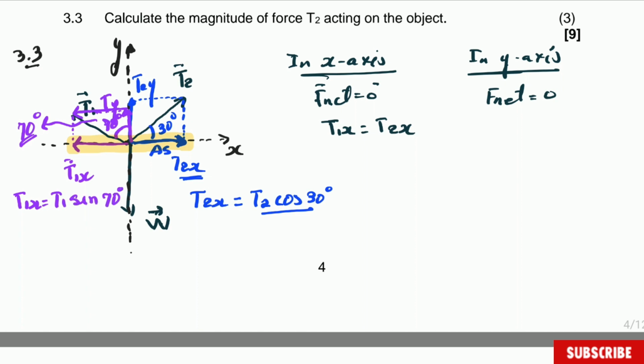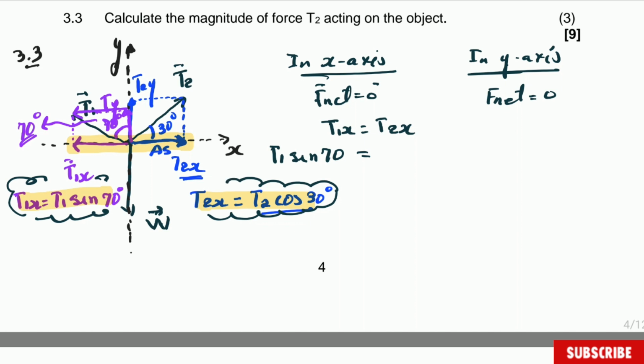The other option is to calculate the angle and then substitute it, but it's not needed. So we are now going to substitute these into the x equation I just wrote. T1 in x is T1 multiplied by sin 70 degrees, and this is coming from here, if anybody doesn't know where it's coming from. It is equal to T2 in x, which is T2 multiplied by cosine of 30 degrees.